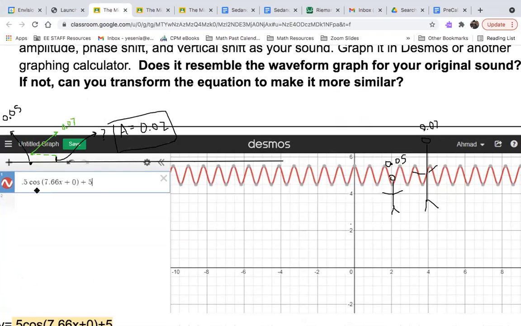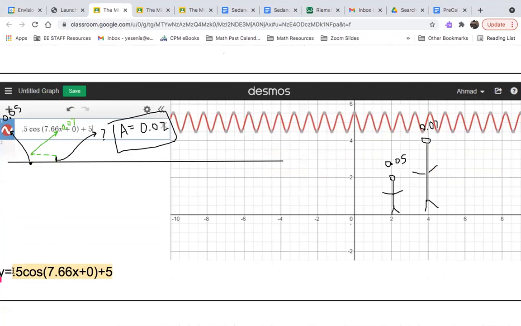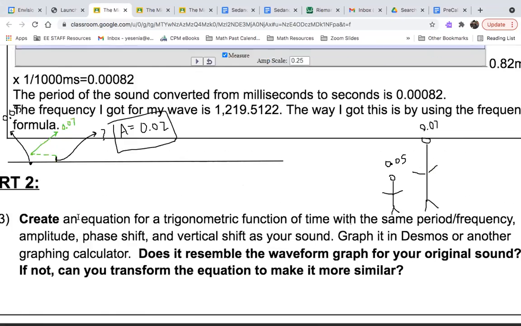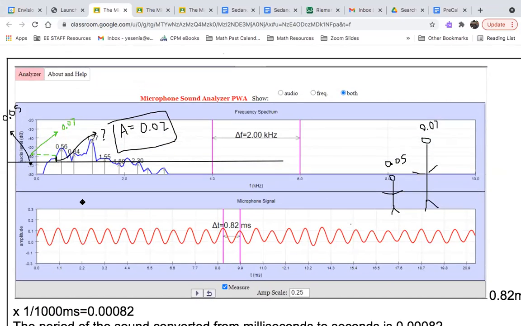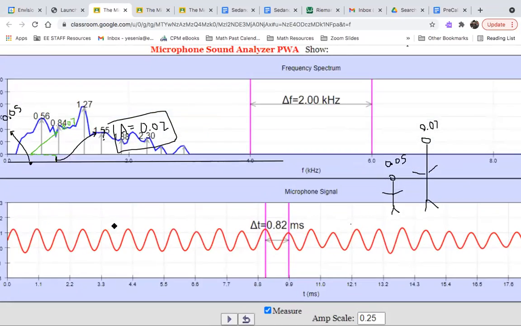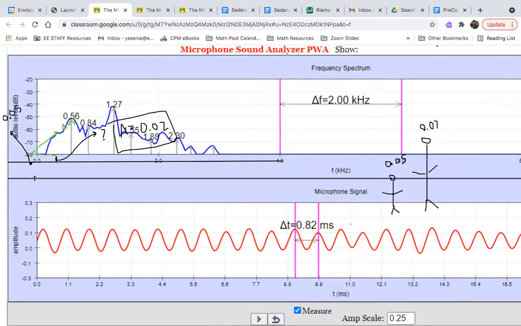I could see you got 0.5, but 0.5 is too large for an amplitude. Because remember, same feedback, 0.5 is like all the way up here. So your amplitude is going to be way smaller. So let me know if you have any questions, AJ, about that.